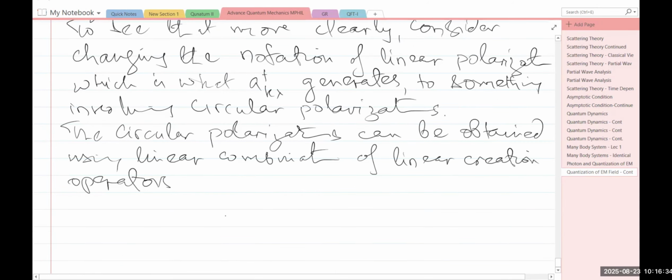And what are those? How do we do it? We represent it as a k plus dagger.